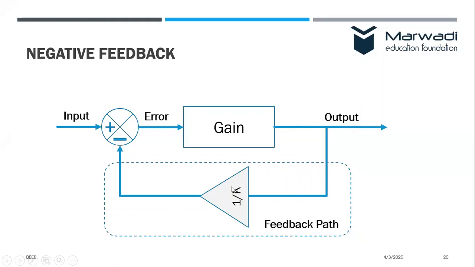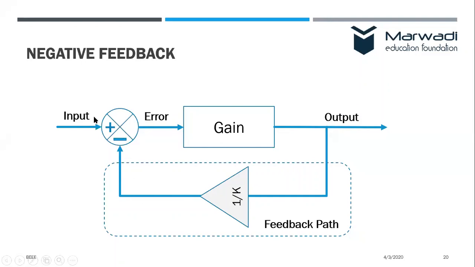We will see by example also that output is divided by some value, and then we give it back to the input. So here we have a summing amplifier, right? Input and the feedback: input is plus, feedback is minus. Minus means negative feedback. This is the meaning of negative feedback, that we have a minus signal, and that minus is actually coming from where? From the output. This is the meaning of feedback.